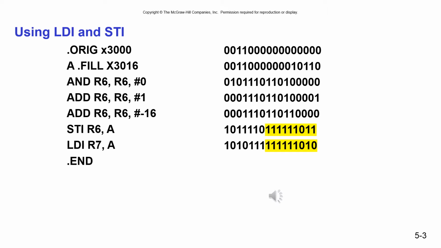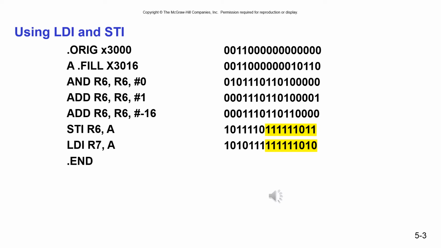Okay, .FILL allocates a single word of memory with the value, in that case a hexadecimal value, 3016. And A is a label.